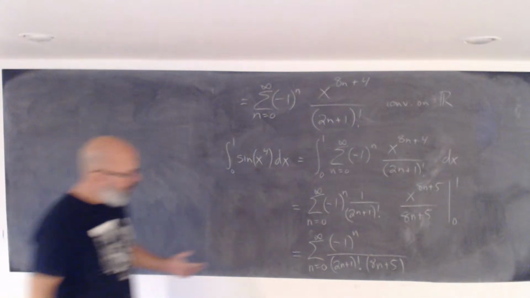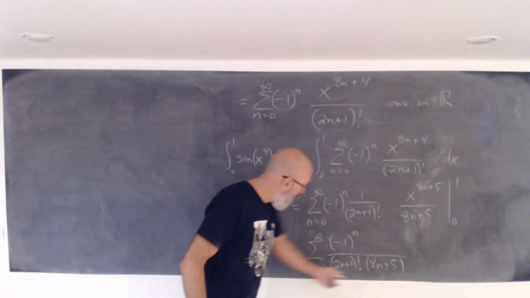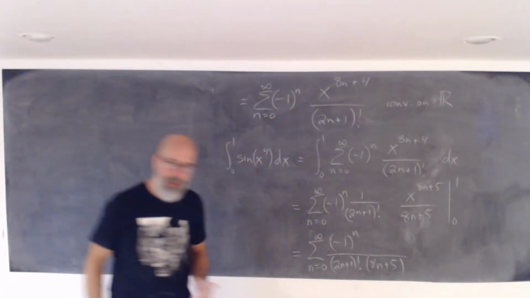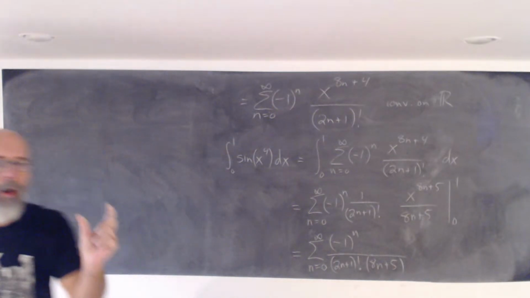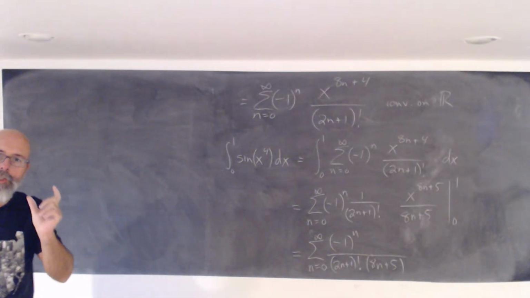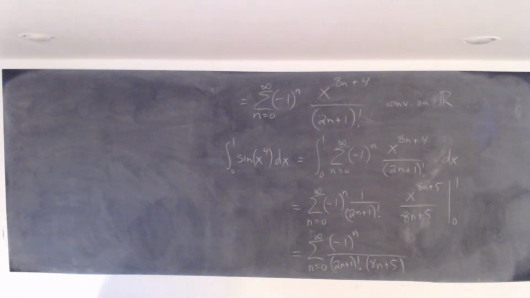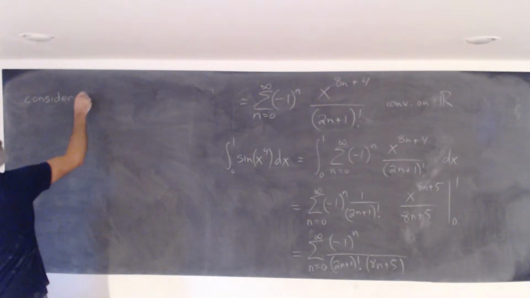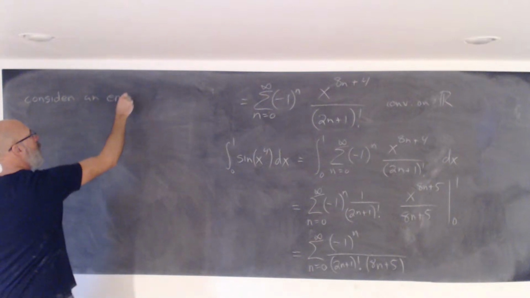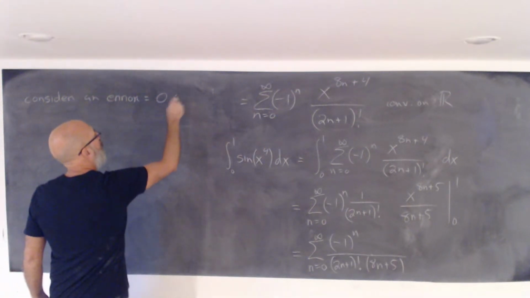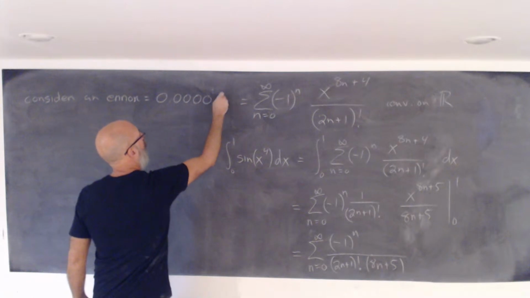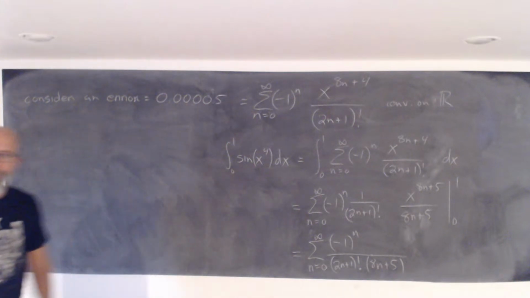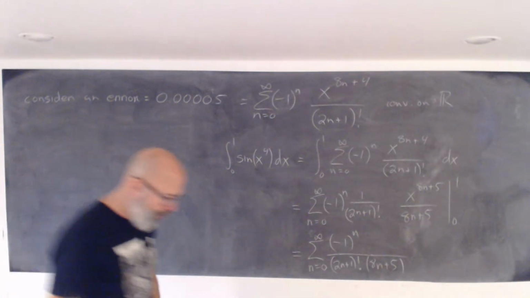So really the question is, how many terms must you add in this series so that the first 4 decimal places don't change? Right? So consider one, two, three, 4, halfway to the next. You know how to deal with that, right?